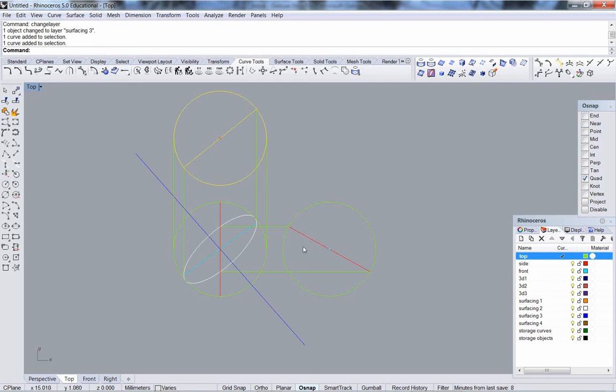Anytime one of these spins, it affects the others.